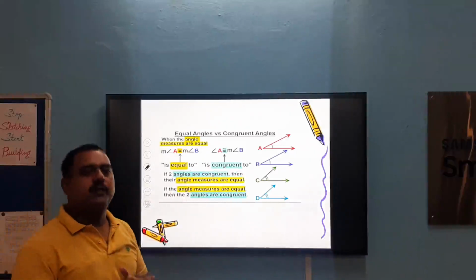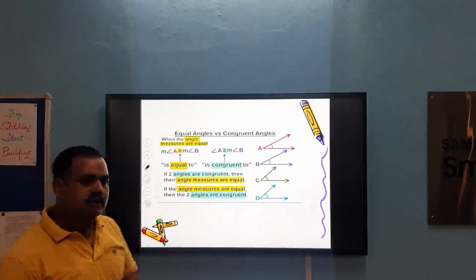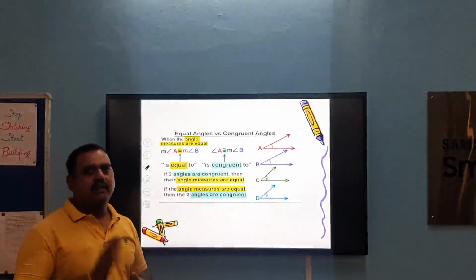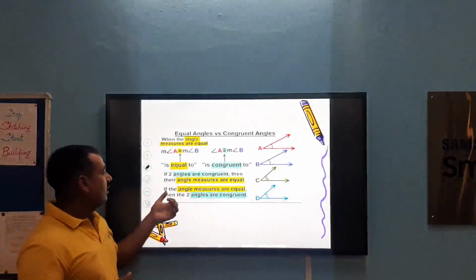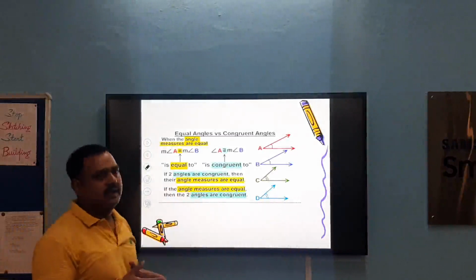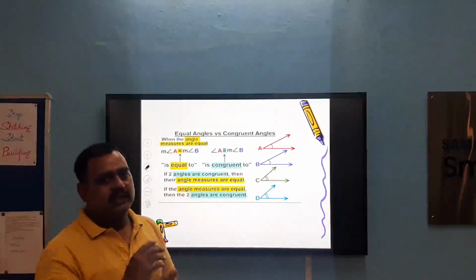If two angles are congruent, then their angle measures are equal. Or if the angle measures are equal, then the two angles are congruent. So this phenomenon is vice versa.